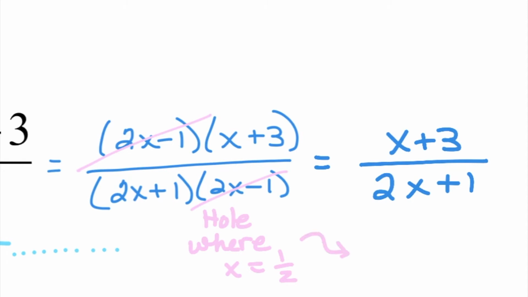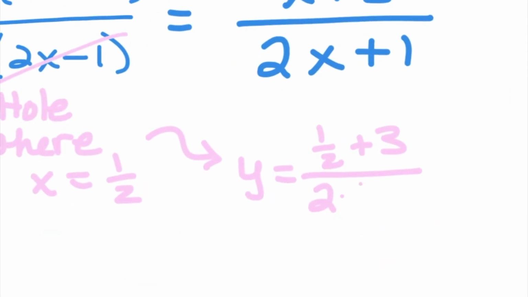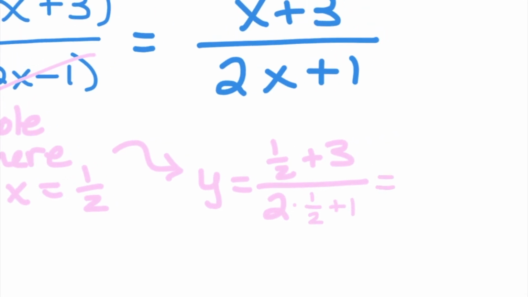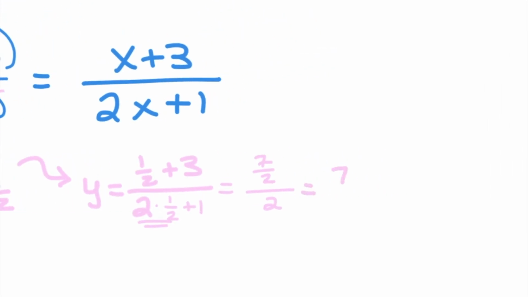And so to find the y value of the hole, I'm going to substitute. So that's going to be 3.5, which is 7/2, over 2 times 1/2 is 1, 1 plus 1 is 2, and 7/2 times 1/2 is equal to 7/4.